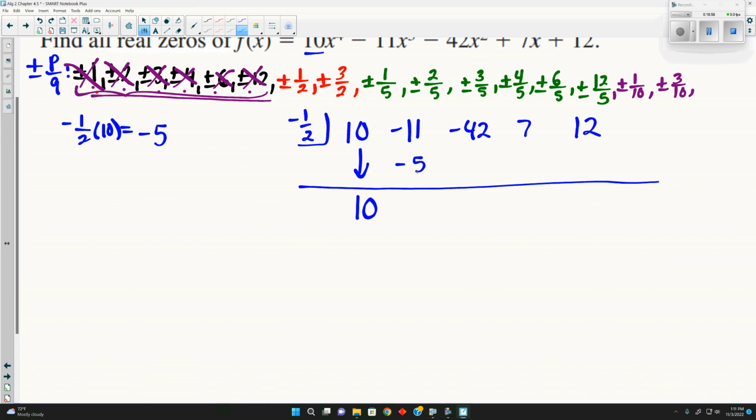Negative 11 plus negative 5 is, make sure I did that right, yep, negative 16. Now we're going to do negative 1/2 of negative 16. Well, negative and negative makes a positive, and half of 16 is 8. Well, negative 42 plus 8 is, make sure, negative 34, isn't it?